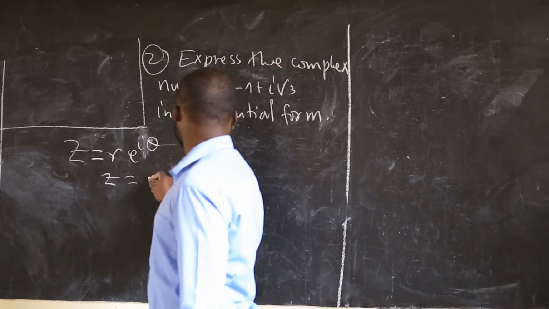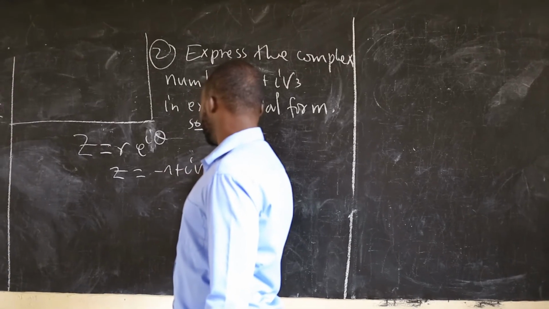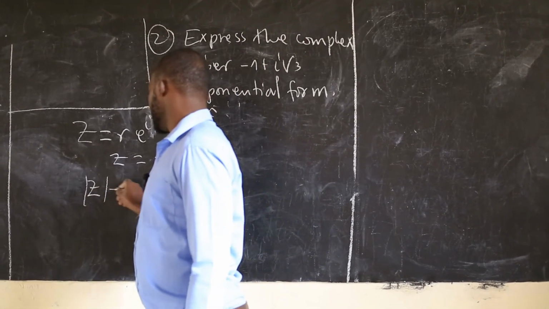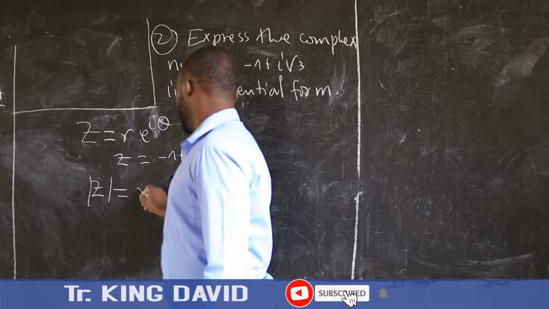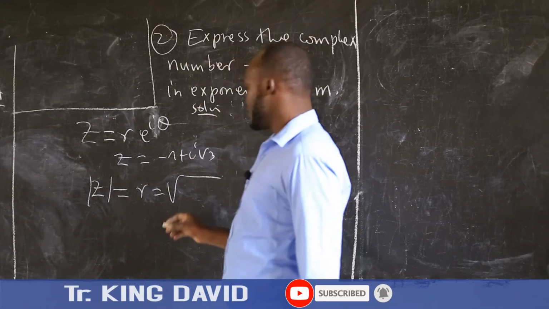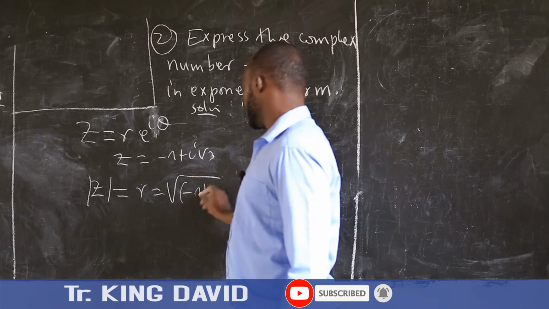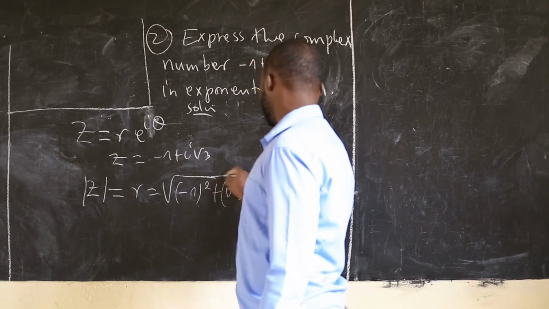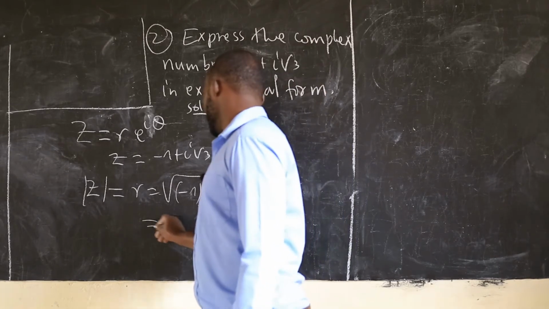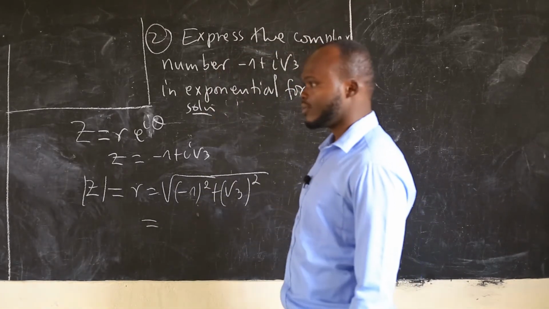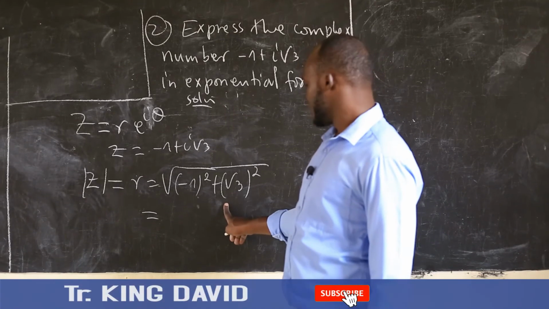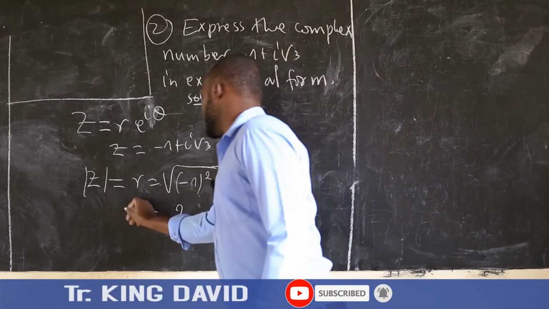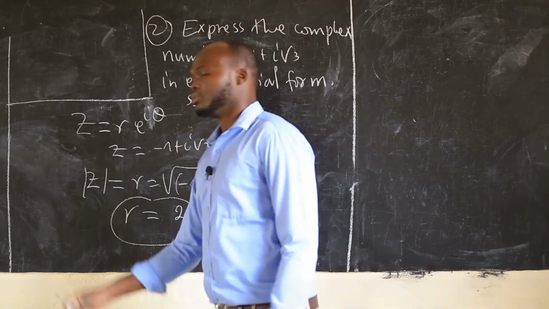Our z is -1 plus i root 3. So the modulus of z, which is r, is going to be the square root of -1 squared plus root 3 squared. So -1 squared is 1, root 3 squared is 3, 1 plus 3 is 4, root 4 is 2. So our r is 2.